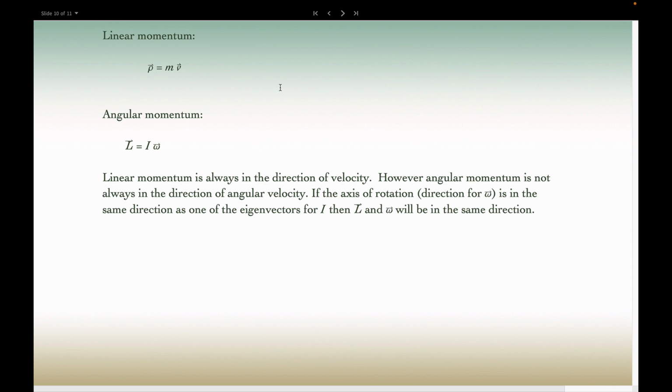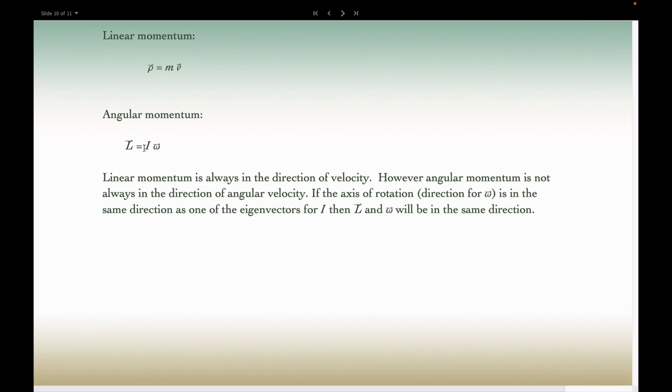Finally, we might mention, recall that linear momentum is mass times velocity. Angular momentum is computed using the moment of inertia matrix. So angular momentum, which we're going to use uppercase L for, is the moment of inertia matrix times the angular velocity. Here, we can see that the linear momentum is always in the same direction as the velocity. However, that's not true here.